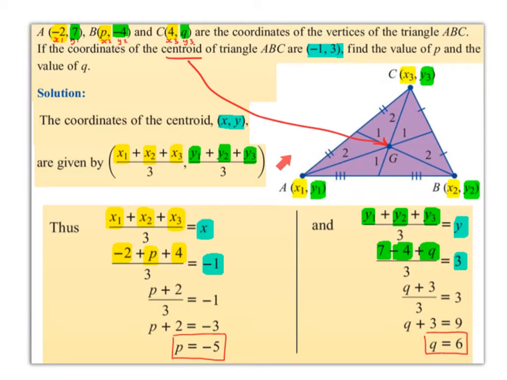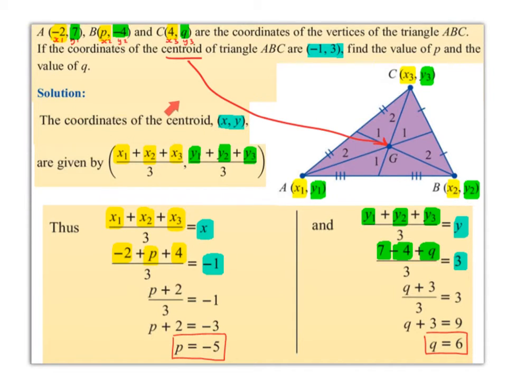And then the median of AB is the midpoint of AB joined to the opposite vertex or corner. And the median of CB is the midpoint of CB joined to the opposite vertex or corner. And the point of intersection of these three medians is the centroid.